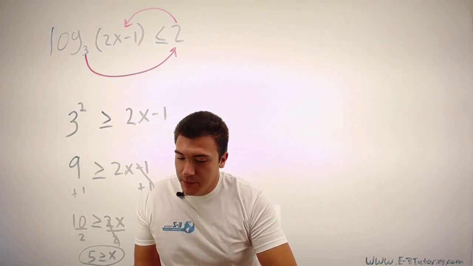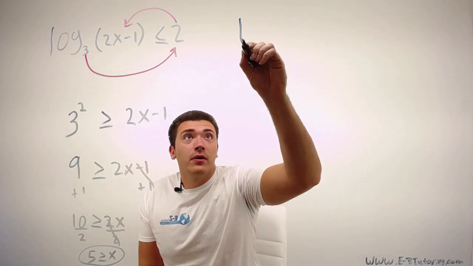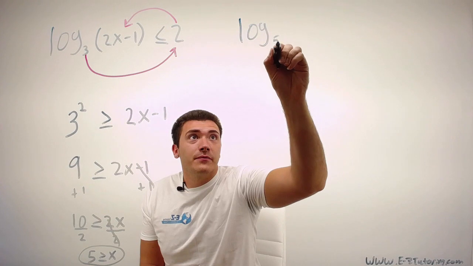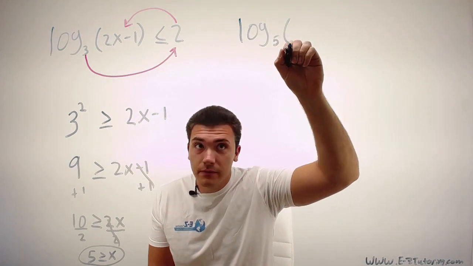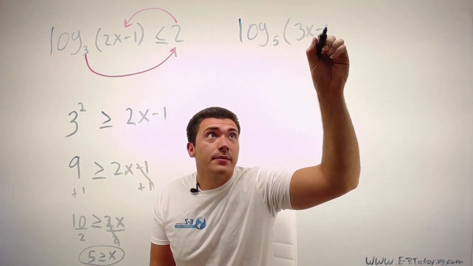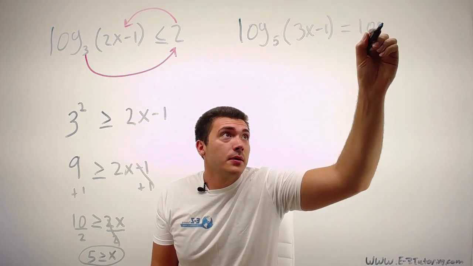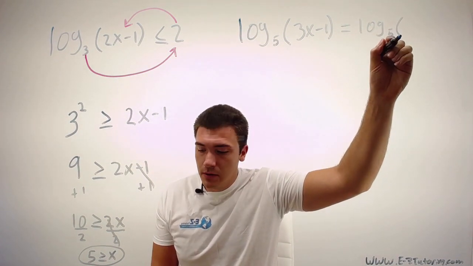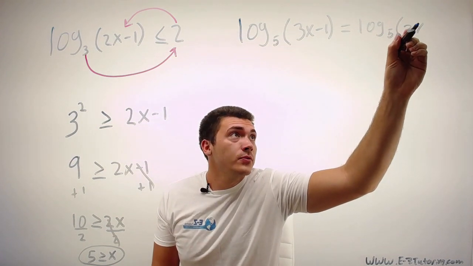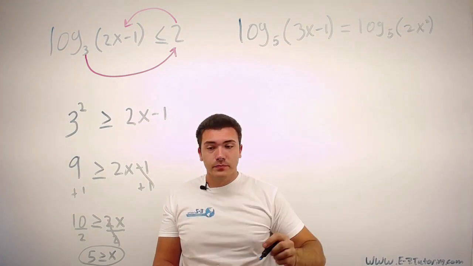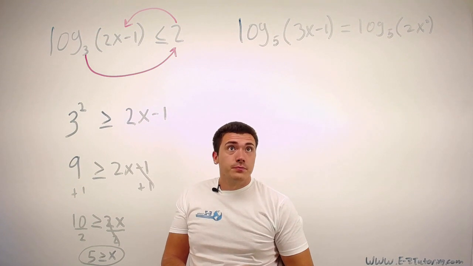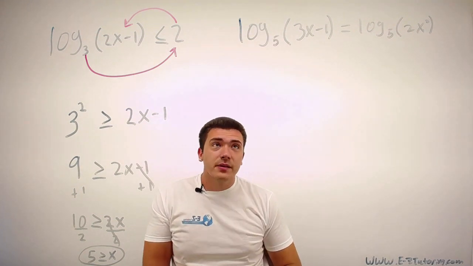Anyways, next example, we have log base 5 of 3x minus 1 equals log base 5 of 2x squared. Okay, so once again, this may look intimidating.